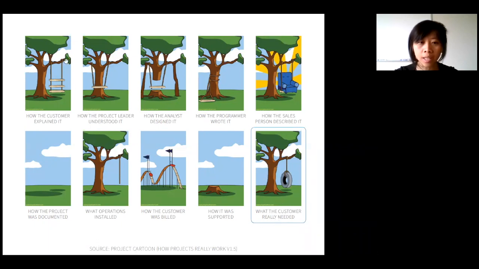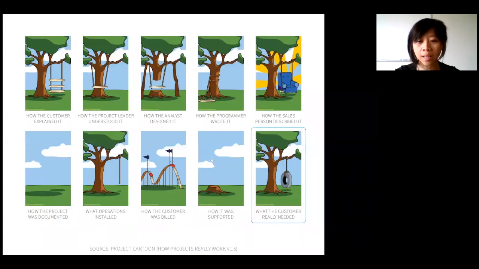And then you can see that throughout the comic, starting from the first slide, the customer, first of all, communicates it in a way that is, I guess, different from the actual needs. And then the person listening to it is also interpreting it differently from how the customer explains it, and so on and so forth.